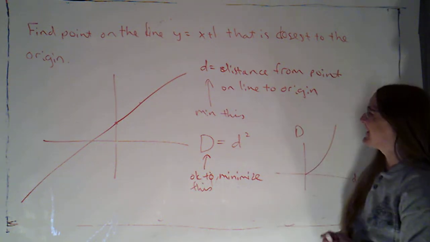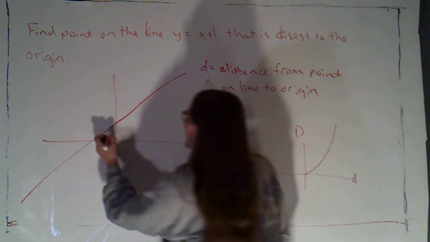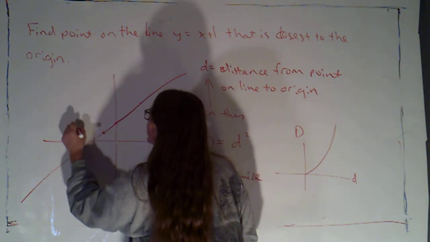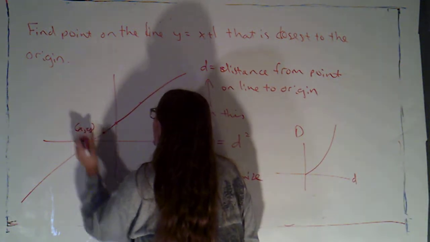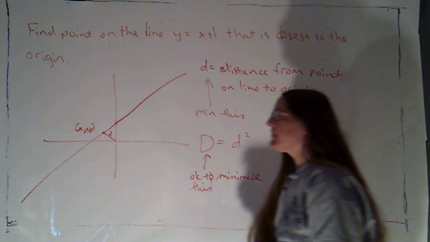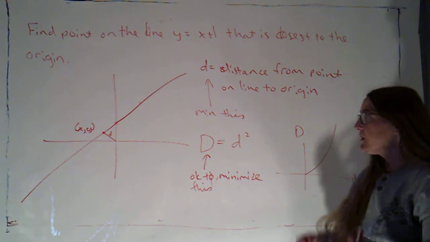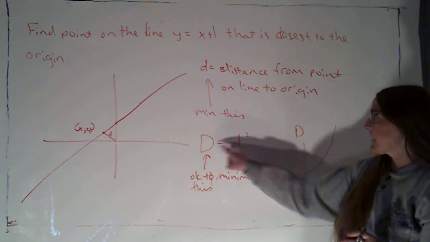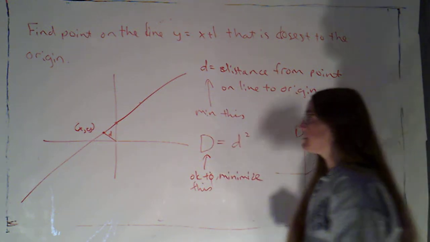Welcome back. Okay. So, if I have a point on this line, x comma y, we're trying to minimize that distance from the origin, and we already discussed we're actually going to minimize the distance squared.